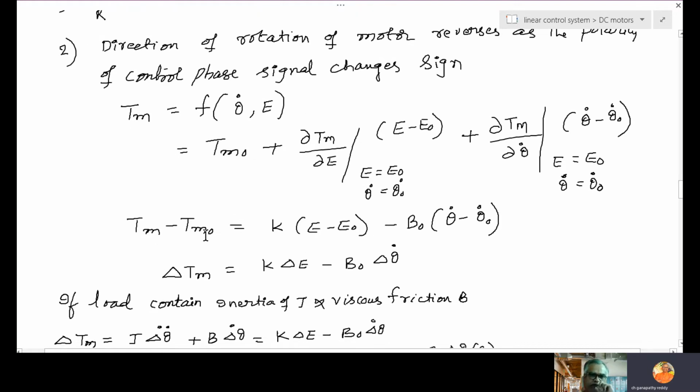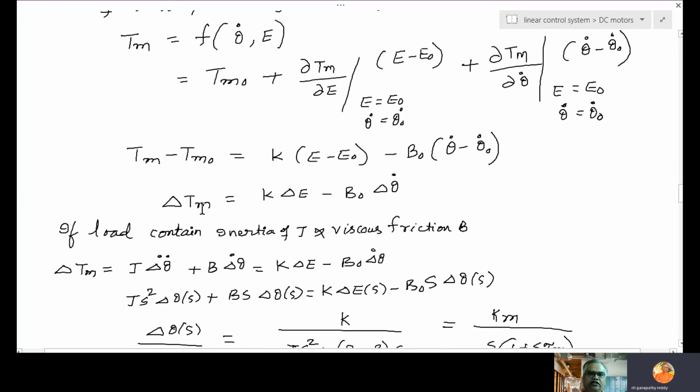So Tm minus Tm naught is equal to K, E minus E naught, minus B naught. So why is it minus B naught? Because speed versus torque has a negative slope. That ratio is negative, so minus B naught, theta dot minus theta naught dot.